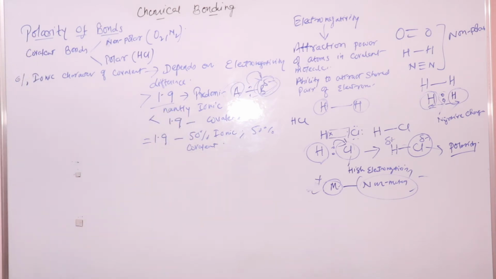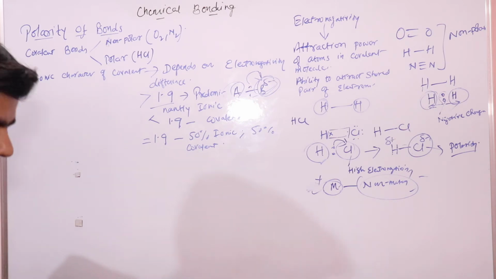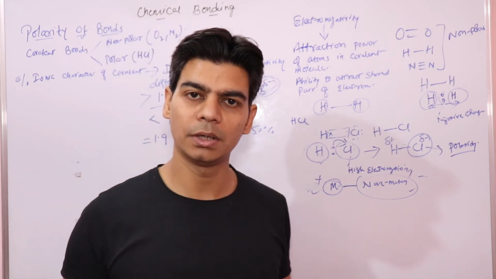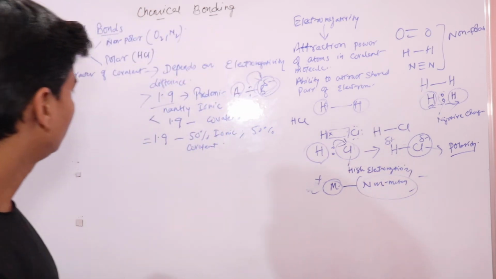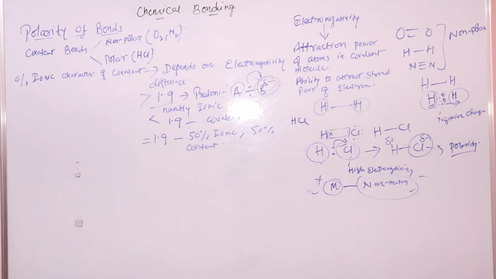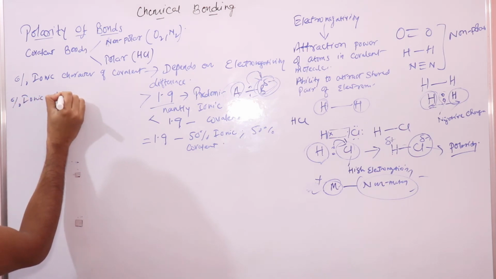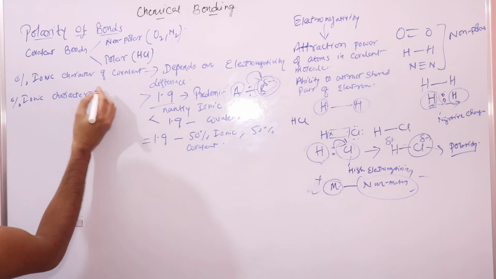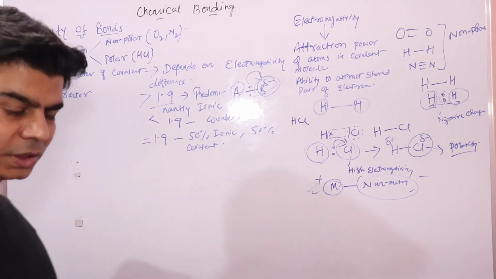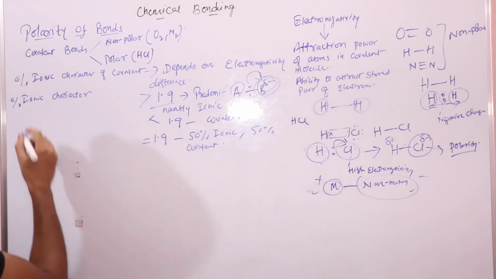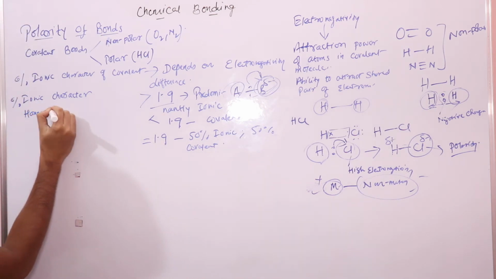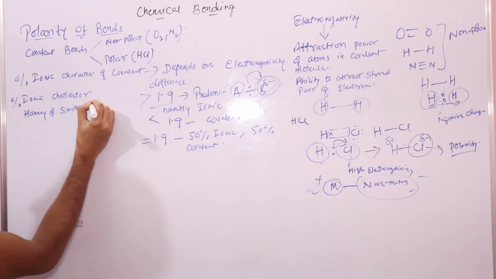So this is important. Now, to determine the percentage ionic character in a covalent bond, there is a formula, or an equation, we call it the Hannay and Smith equation.